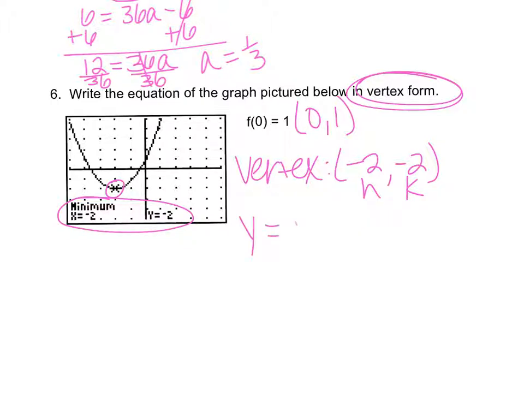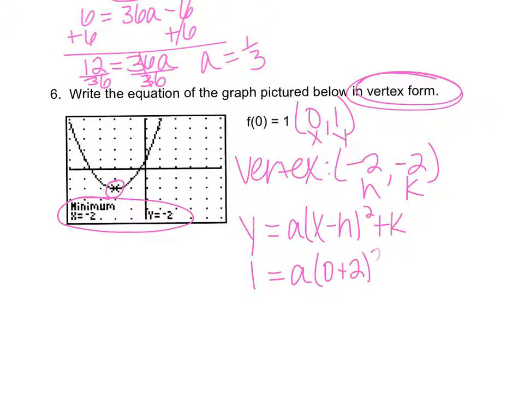So we're plugging into vertex form, looking for our a. So y is 1, x is 0, minus h, which is -2, so that makes it +2 squared, and then -2. Again, do not try and subtract the 2 with that.